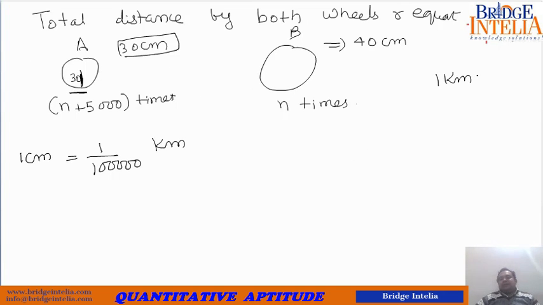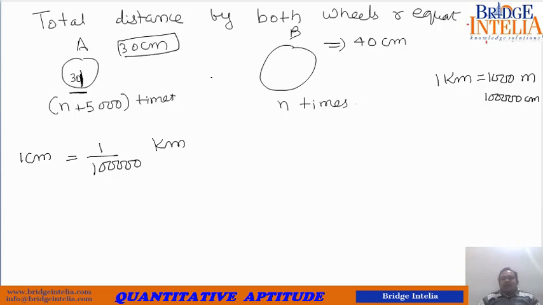Why? Because 1 kilometer is equal to 1,000 meters and 1 meter is equal to 100 centimeters. So you can say that 1 kilometer is equal to 1 lakh centimeter. Therefore, 1 centimeter is equal to 1 upon 1 lakh kilometer. So let's convert 30 centimeter and 40 centimeter into kilometers.